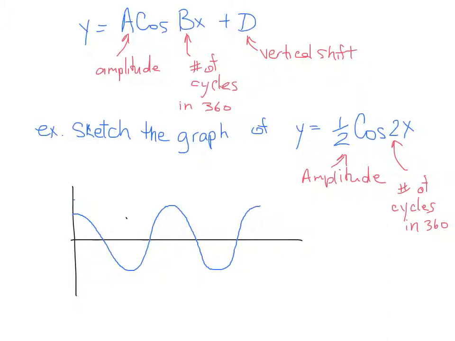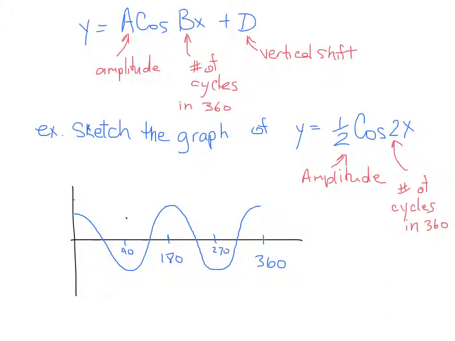Since there are 2 cosine curves within 360 according to our b value, that means this point here is 360. And halfway to that point has to be 180. And if we wanted to break up the whole thing, we could count by 90, 180, 270 here.